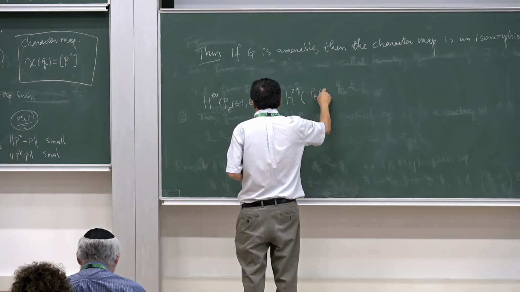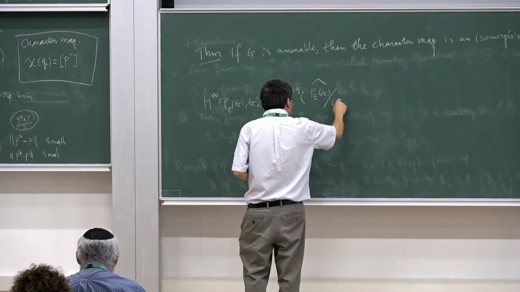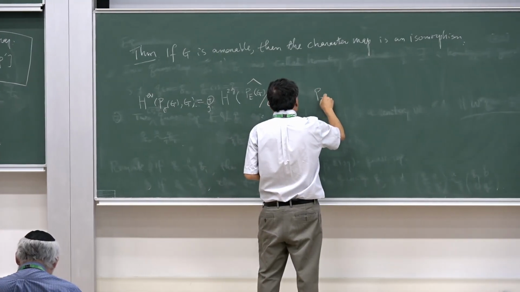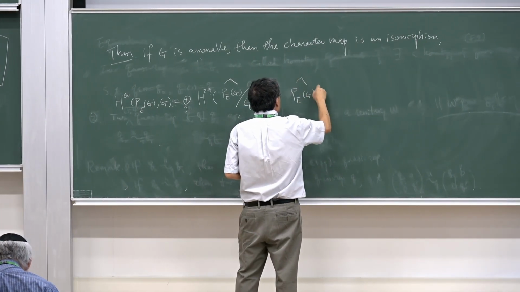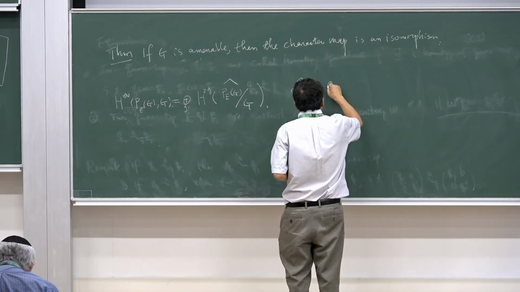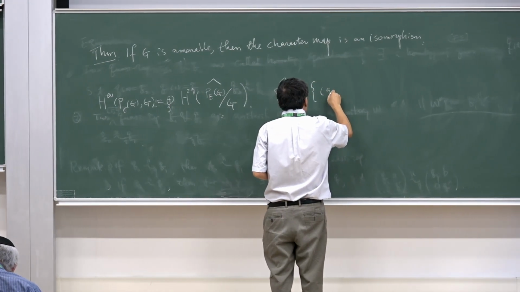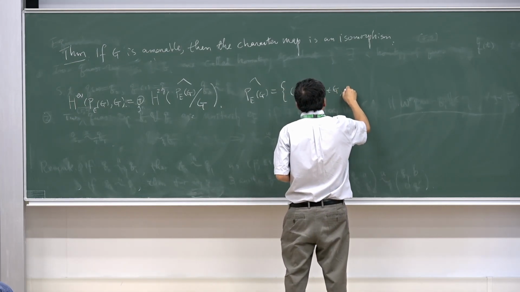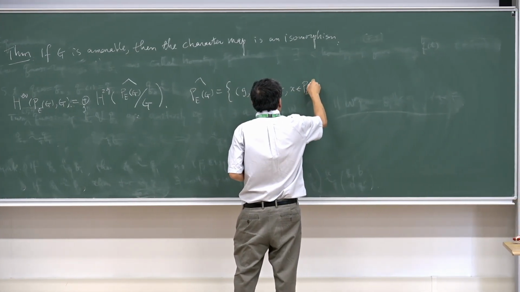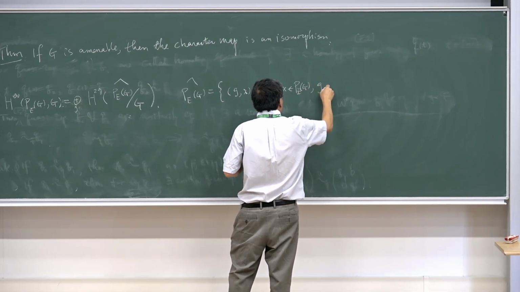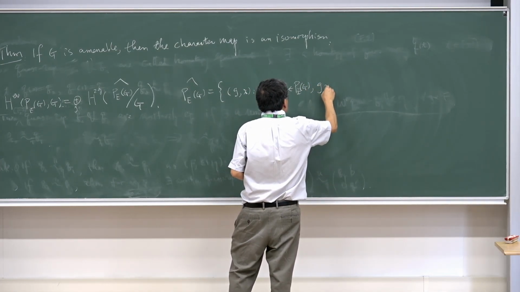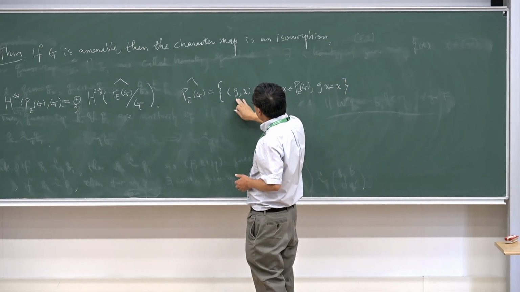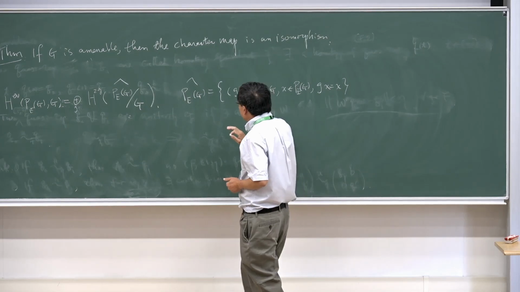Let me first write this down, then I will define the so-called head space. This is just all pairs (g, x) where g is in G and x is fixed by g. If g is the identity, of course, this is just the entire space.